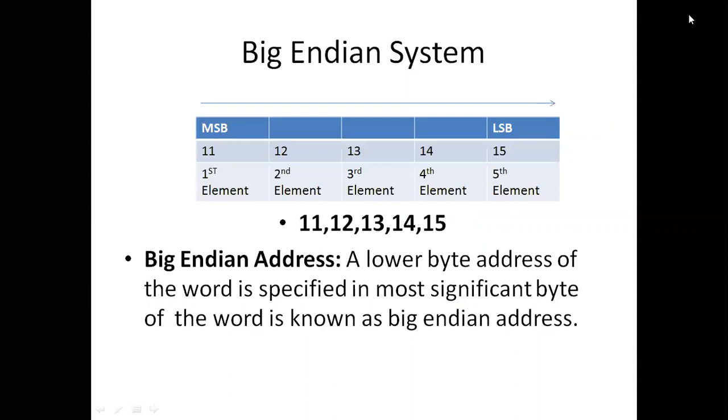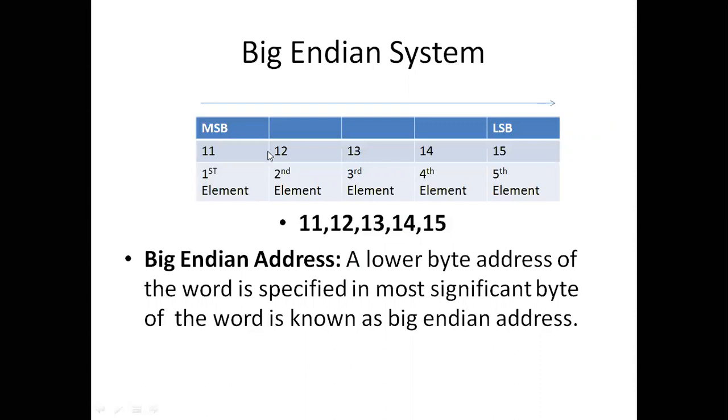So big endian address means a lower byte address of the word is specified in MSB. What it means, you are going to read the data from MSB. So here we have the data 11, 12, 13, 14 and 15. So what about your MSB here? 11 is the MSB.